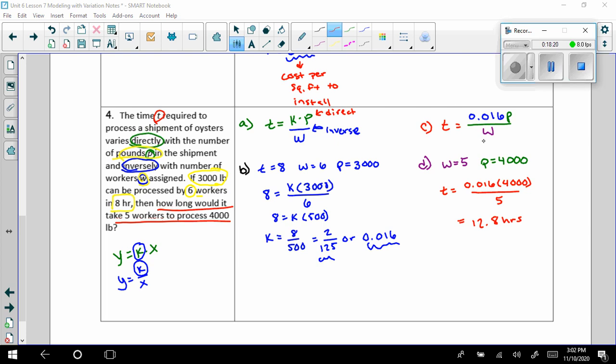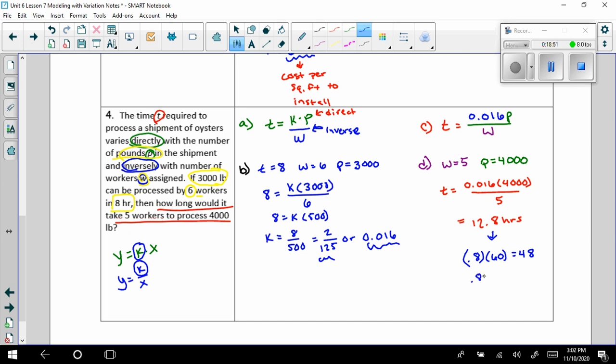Okay, so here, rewrite your equation that we started with plugging in your K. Then it asks us for 5 workers, 4,000 pounds. So I plug in P and W and solve for 12.8 hours. If this asks for hours and minutes, then you're going to take your 0.8 hours, multiply it by 60, and that actually gives you 48.